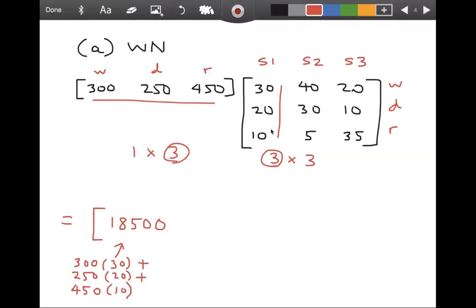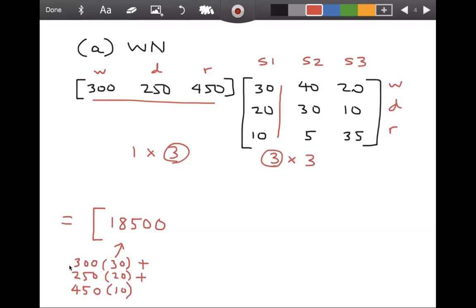The quantities of these items sold. Okay, so in November, store one sold 30 washers, 20 dryers, and 10 ranges. So this number, 18,500, stands for the cost to the company of the inventory that was sold in store one.